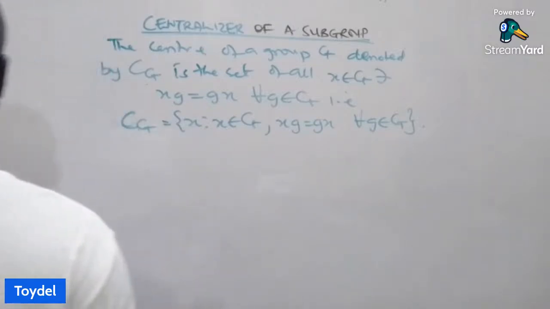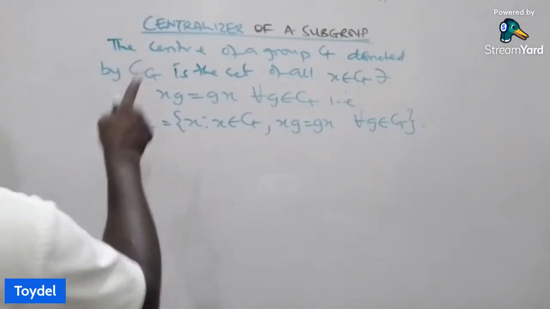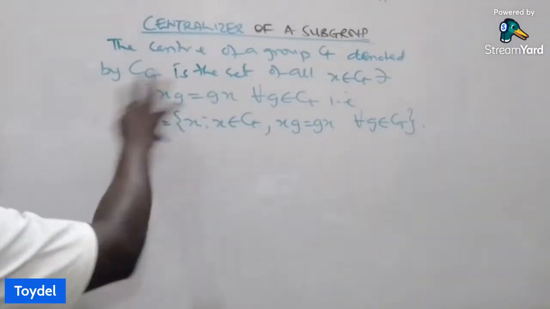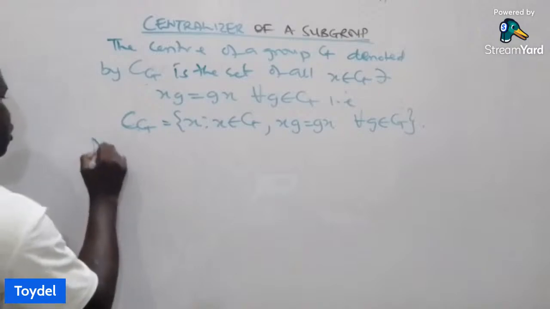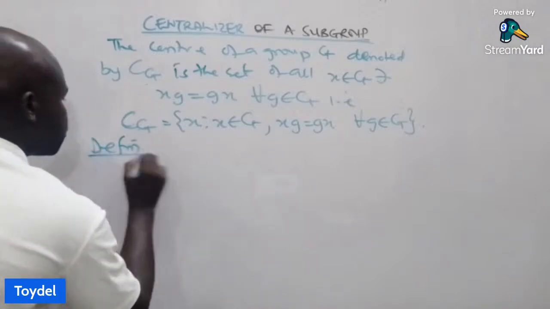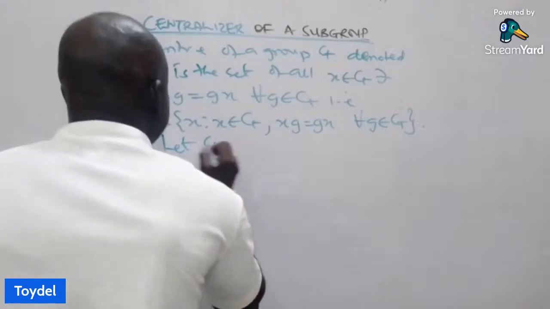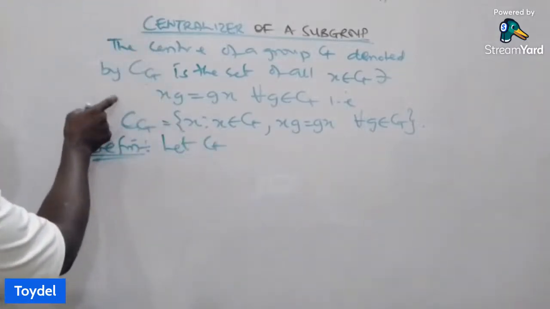That is, C_G is the set of all elements of G which commute with every element of G. That's just the definition of a center of a group.